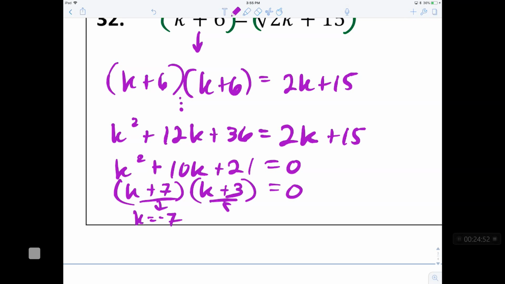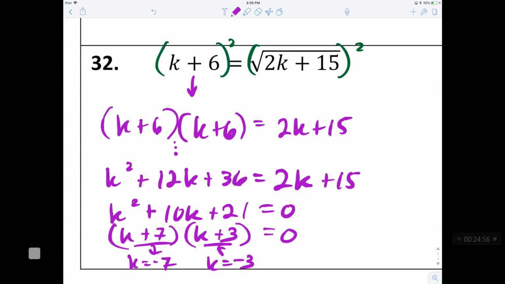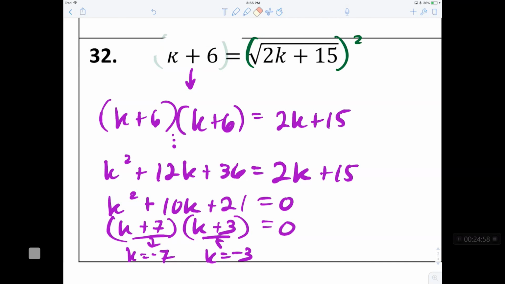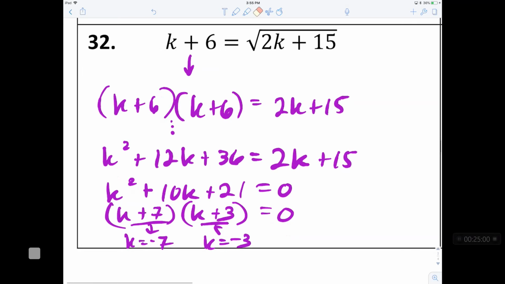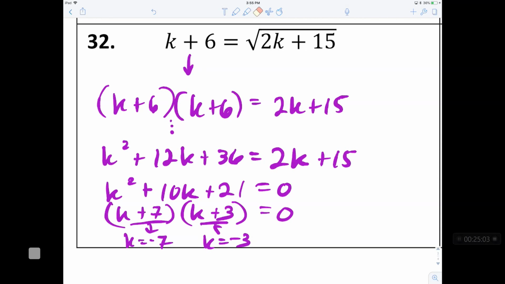So this gives me k equals -7 and k equals -3. I do need to check them. So let me go back and review what this looked like here. Let's try the k equals -3 first. Okay, if you do check that, it will be okay.